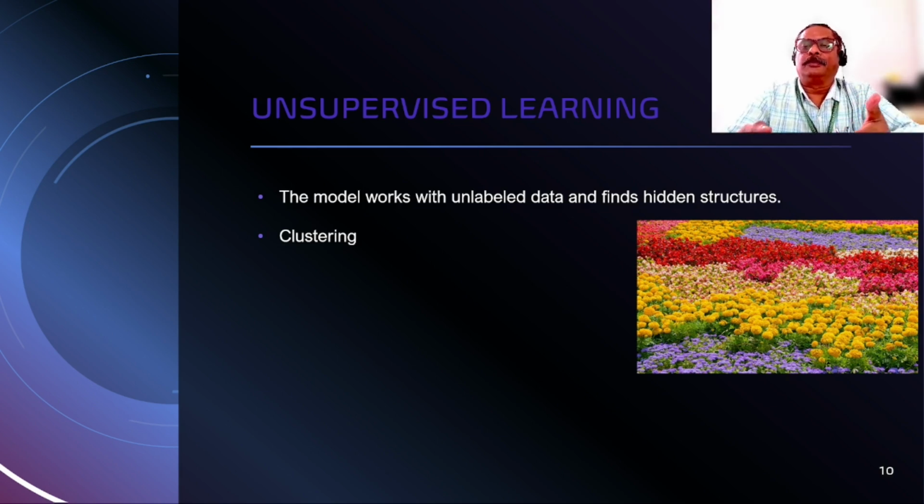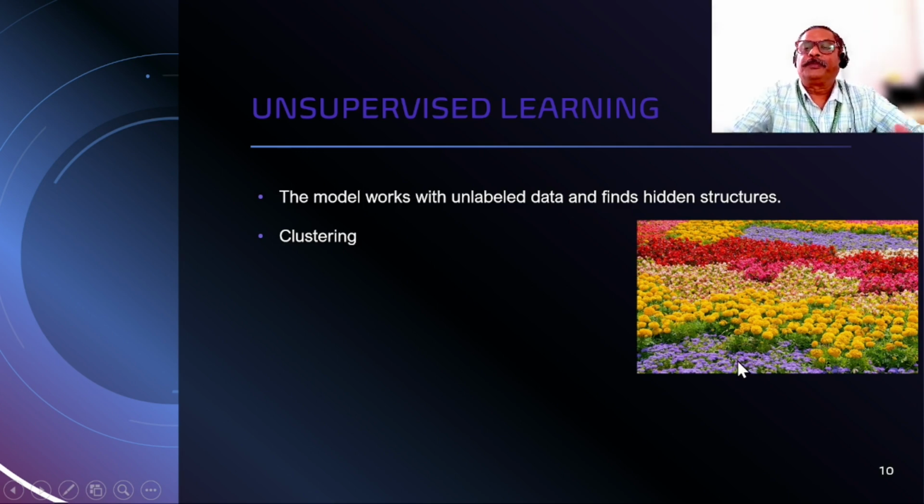That image is an input here, and looking at that we can say that there are some three or four types of flowers available here. One is blue flower, one is yellow flower, one is red flower, and so on. So there is one cluster here, one cluster here, and so on.